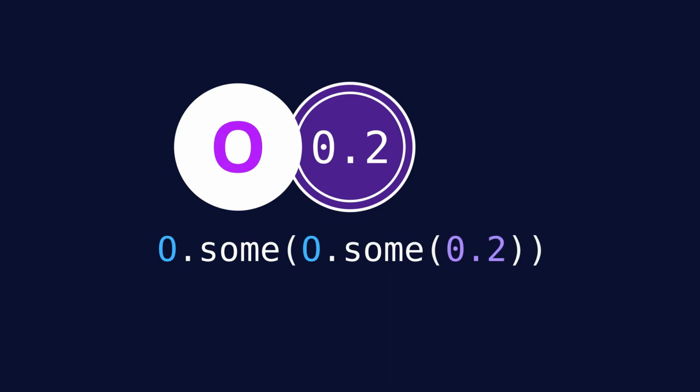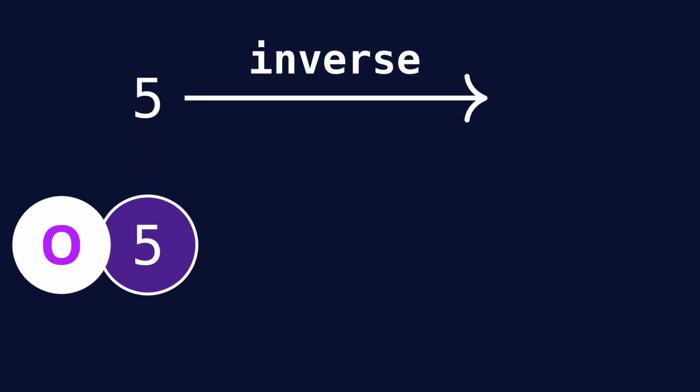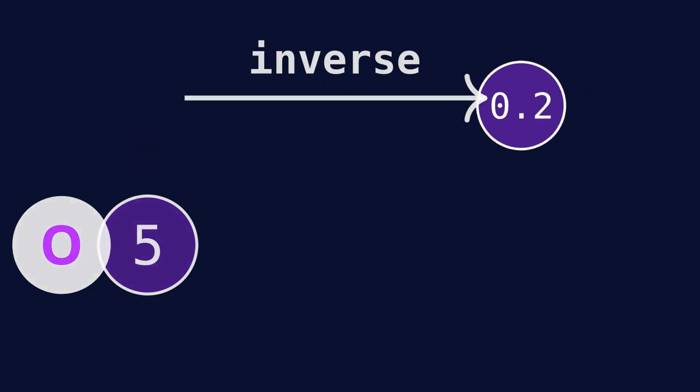Then, once the mapping is complete, it will flatten the option back to some 0.2 and return it. Now, that is the formal definition of what chain does, which is mapping and then flattening. However, in practice, chain will just return the option returned by the passed function without bothering to redundantly wrap it into an option and flattening it back.